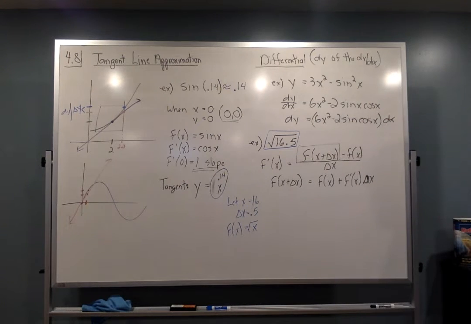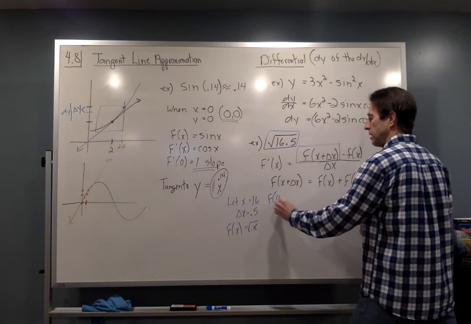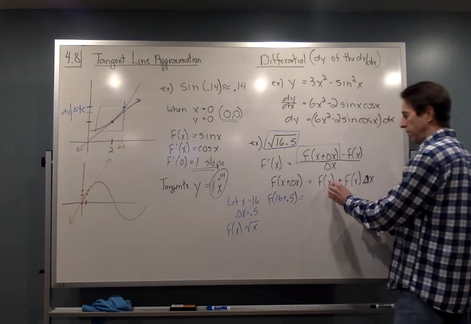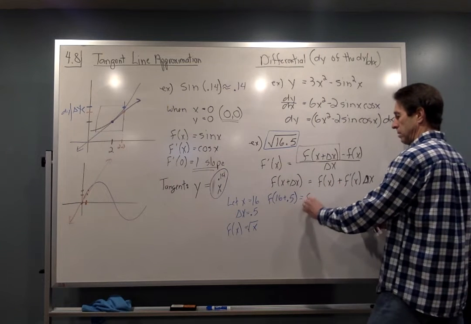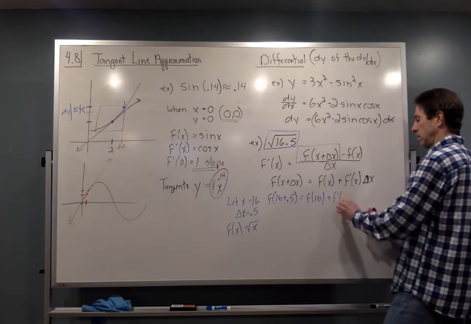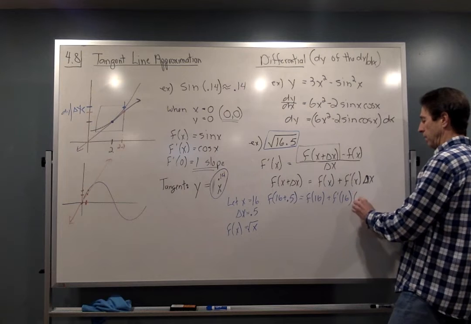So when all of this is said and done, we can basically say that f of 16 plus 0.5 equals f of 16 plus the f prime of 16 times delta x, which happens to be, again, 0.5.